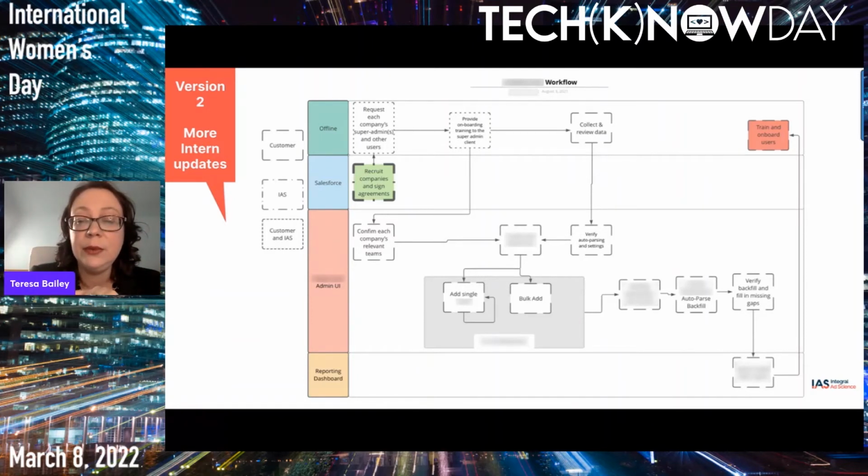The last thing that was a little tricky for me, and this is just coincidence, is the way these legend items line up: customer lines up with this row, IAS lines up with this second row, and this box lines up with this third swim lane. That was something he did by accident.